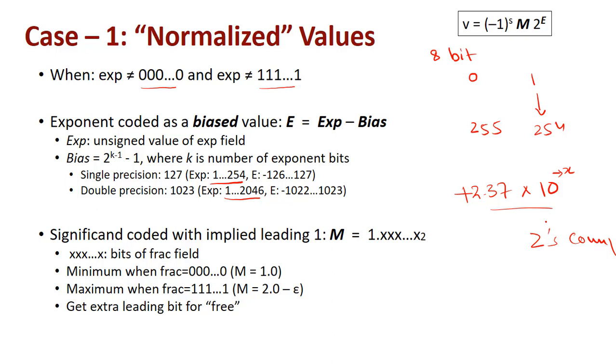Bias is a number that can shift you from one domain to another domain. You have studied digital signal processing and electronics as well.